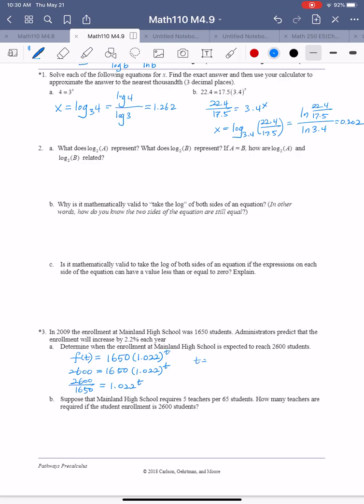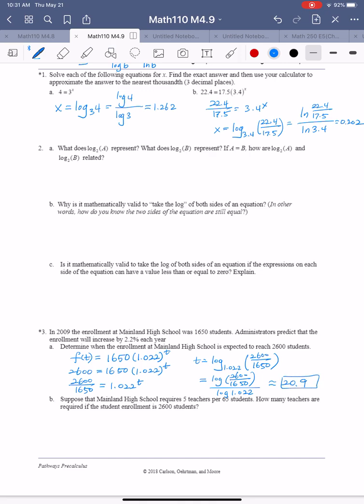Now t is log base 1.022 of 2600 divided by 1650. And then you can use any logs you want, so maybe the log of 2600 over 1650 divided by the log of 1.022. And then I get about 20.9 years.